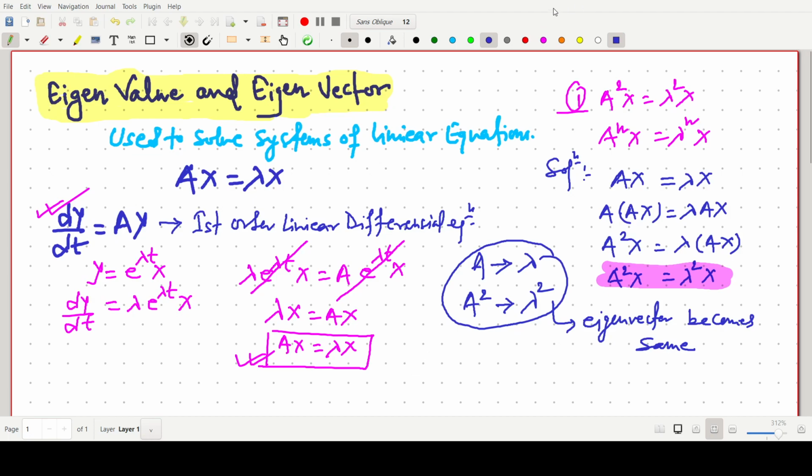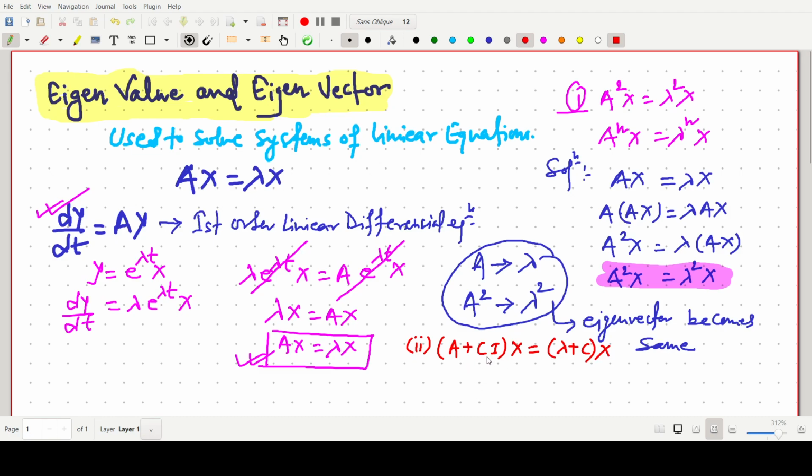Now the second property. If we add some matrix to A, the eigenvalue will be lambda plus c, with the same x. It can be achieved very easily.